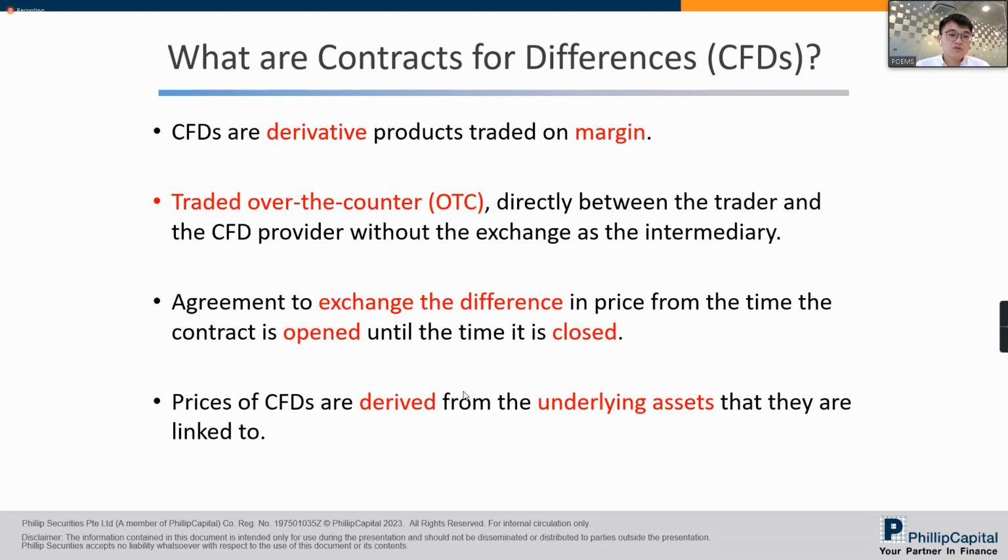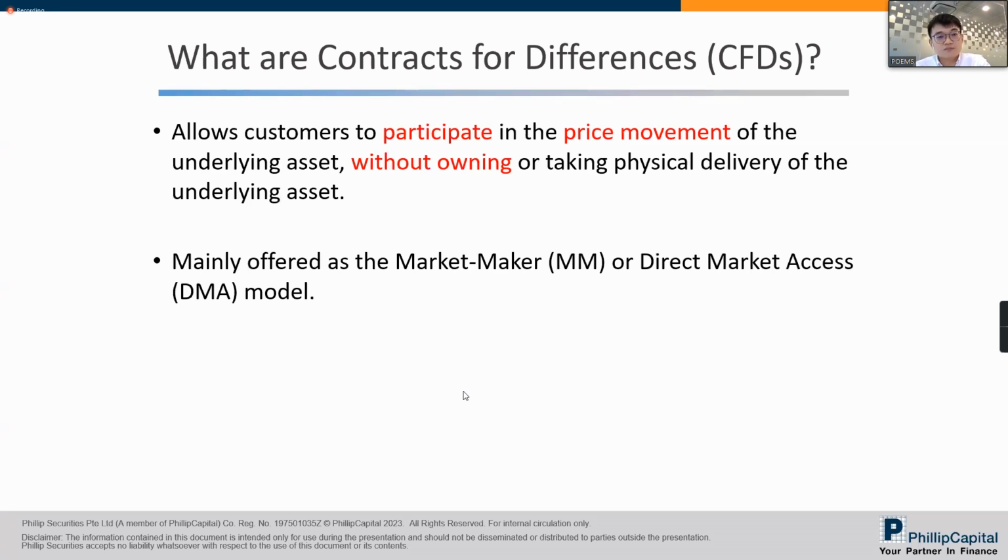The prices of CFDs are derived from the underlying assets they are linked to. It allows customers to participate in the price movement of the underlying asset without owning or taking physical delivery of it, and is mainly offered as a market maker or direct market access (DMA) model.